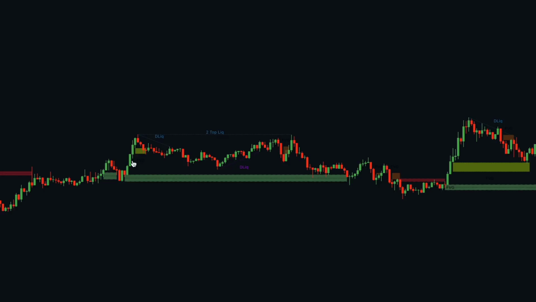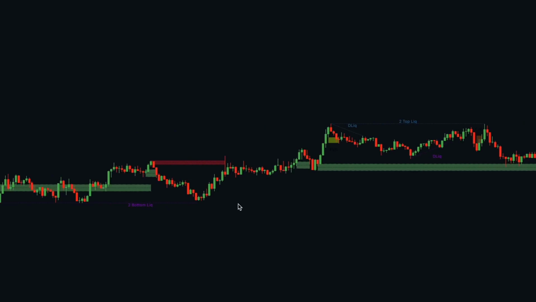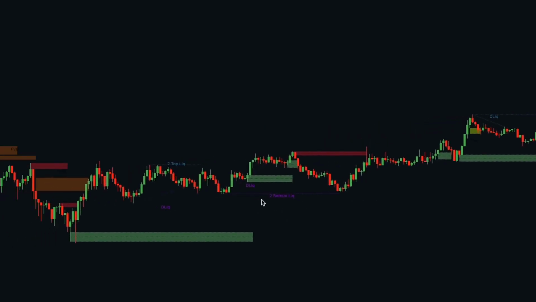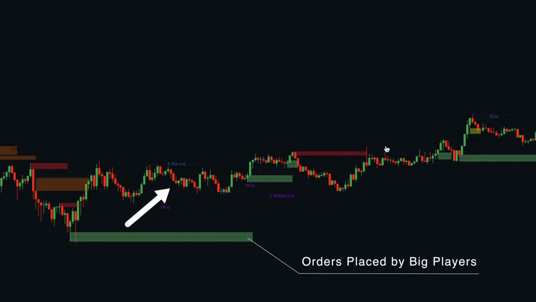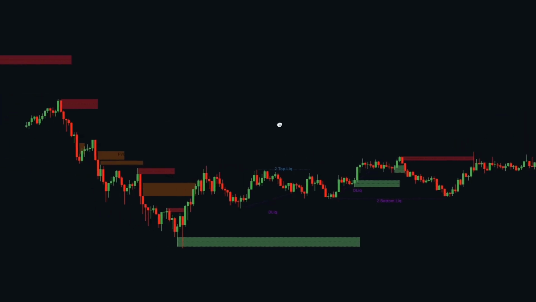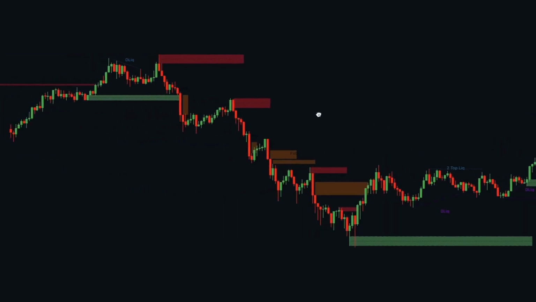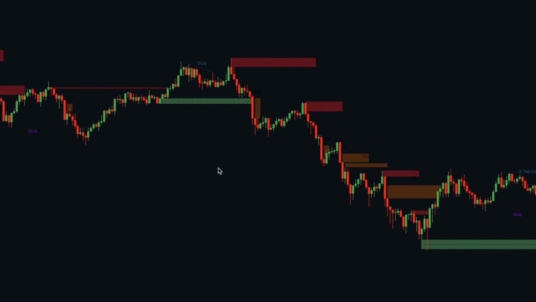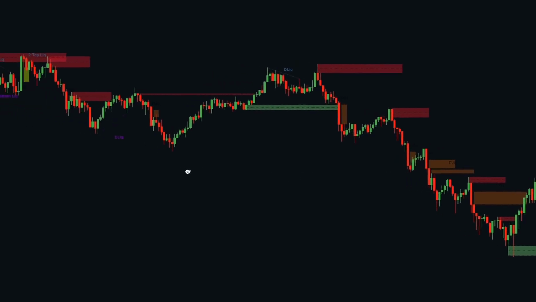Banks typically execute large orders in blocks during their trading sessions. If they were to enter the market directly with a small quantity, significant price movements would occur before the orders are fully executed, resulting in less profit. To avoid this, they divide their orders into smaller, manageable positions. You should look for buy opportunities in demand order block areas and sell opportunities in supply order blocks.